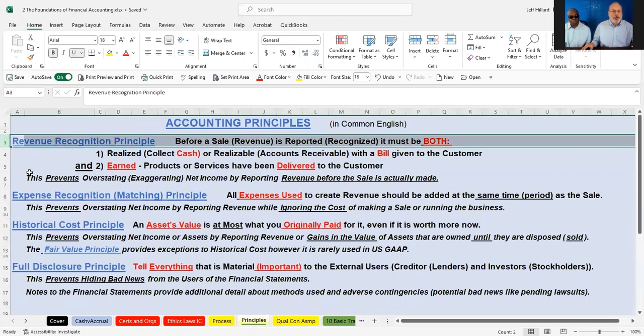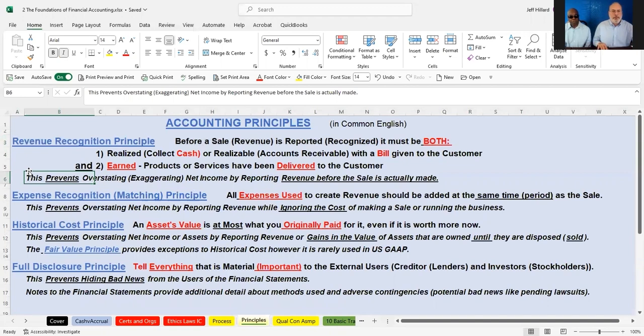Revenue recognition says that before you can say, I made the sale, the revenue has to be either realized, which means collected as cash, or realizable, which means a bill was given or could be given to the customer.